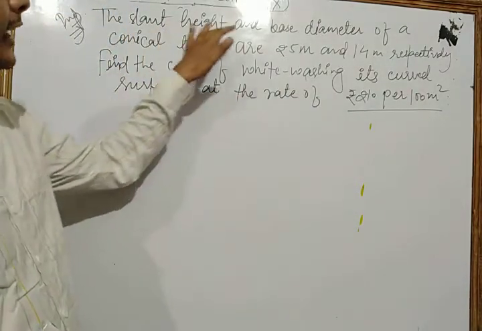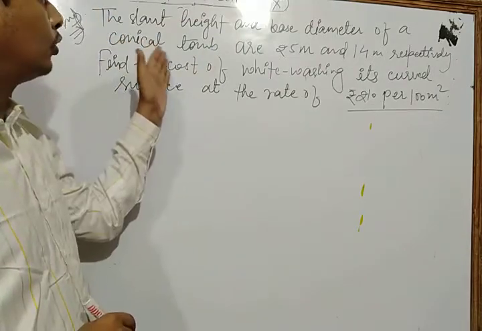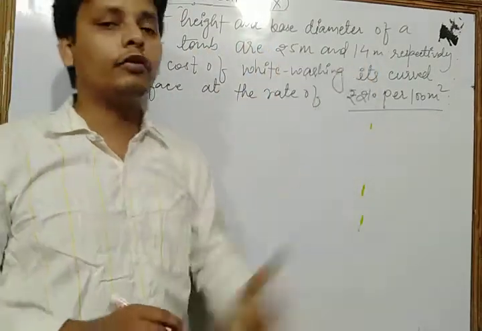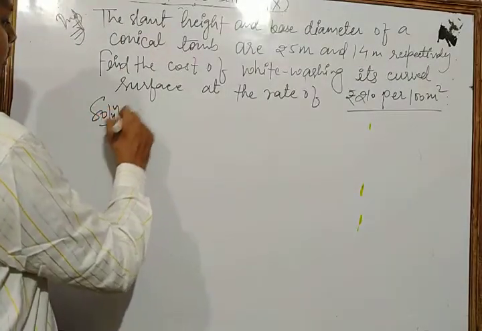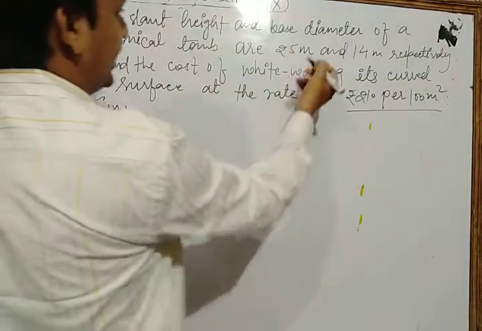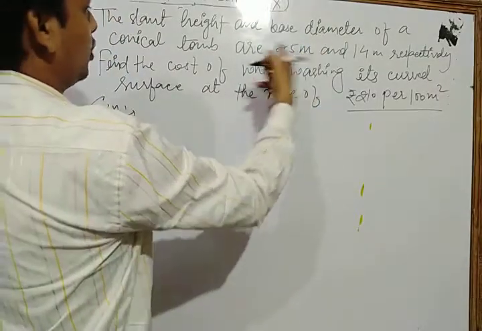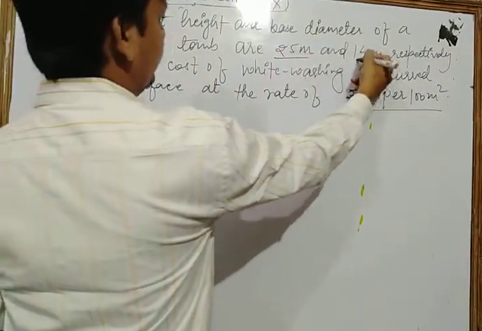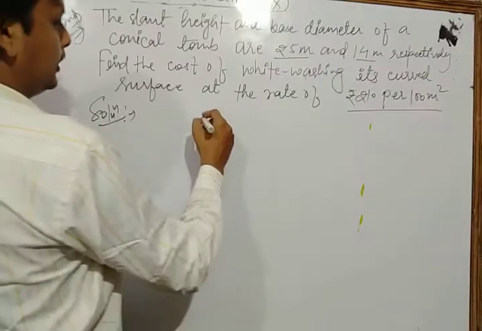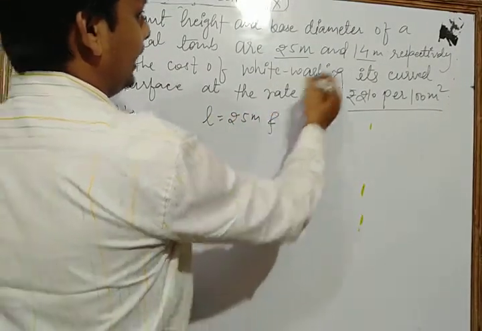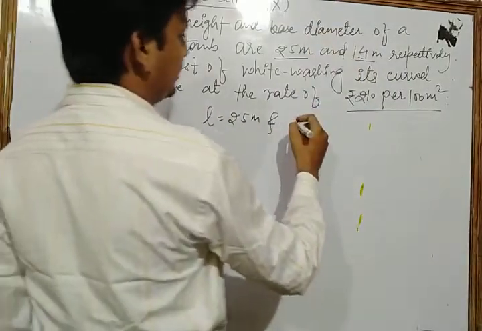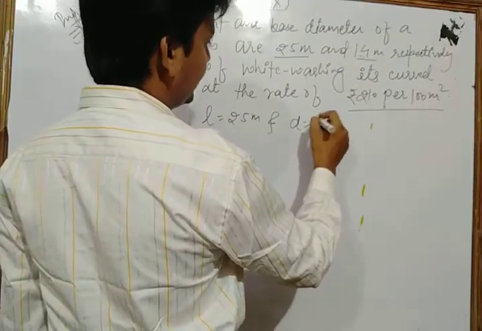The slant height and the base diameter of a conical tomb are 25 meter and 14 meter respectively. First of all, we write what is given in this question. The slant height is 25 meter and the base diameter is 14 meter.